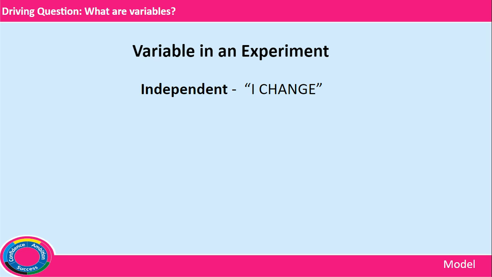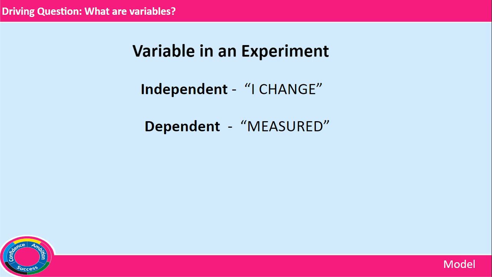Whatever you change in an experiment is known as the independent variable. How I remember this is independent begins with I, and I change obviously begins with I as well. So you have to remember, independent variable is a variable that I will change.